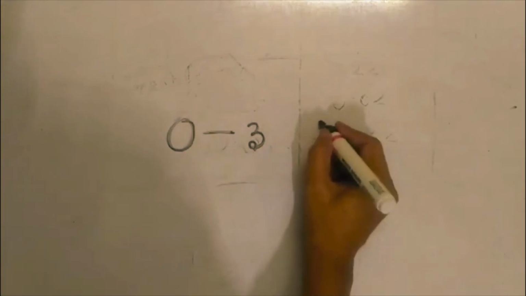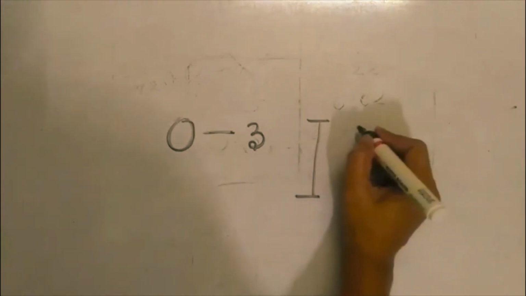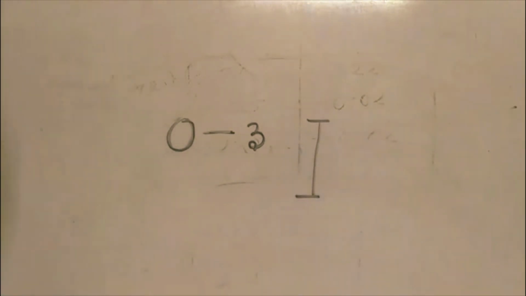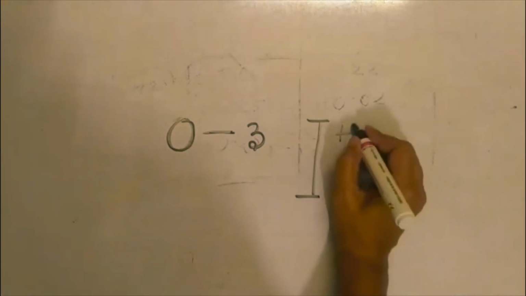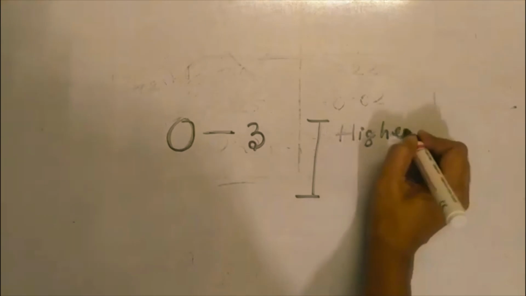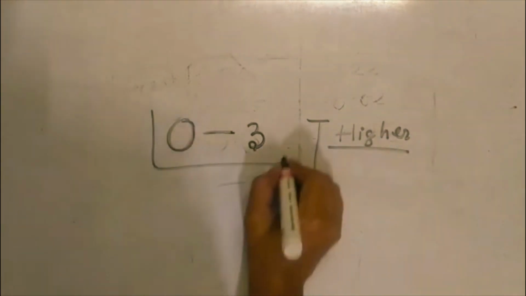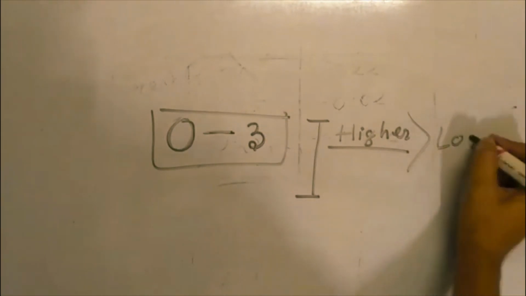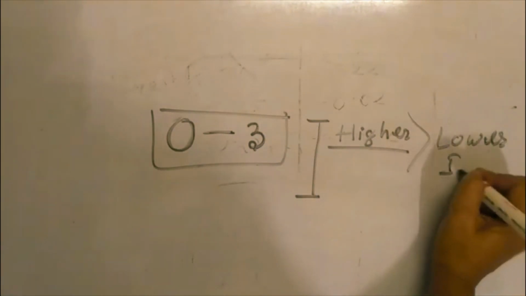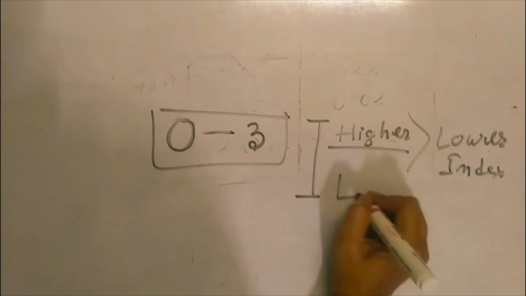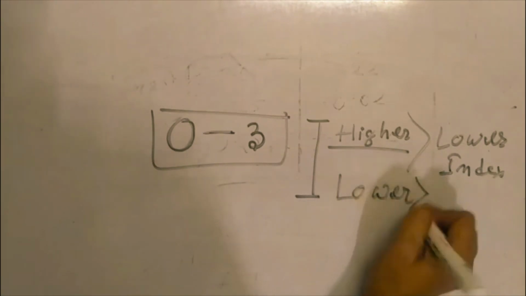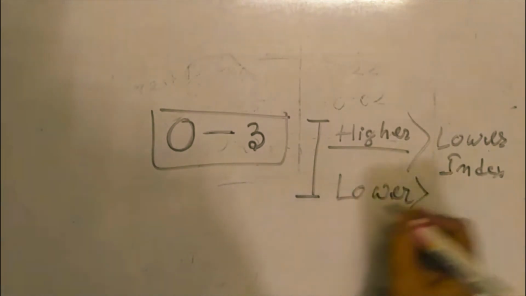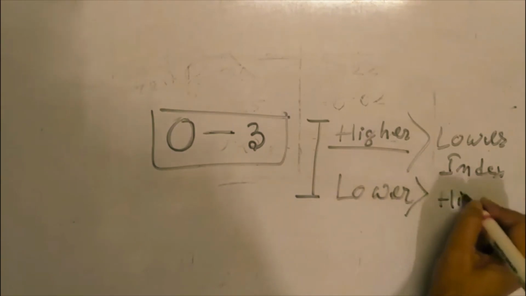The range of the Shannon index is 0 to 3. Interpretation of the values: lower the value, lower the diversity; higher the value, higher the diversity.